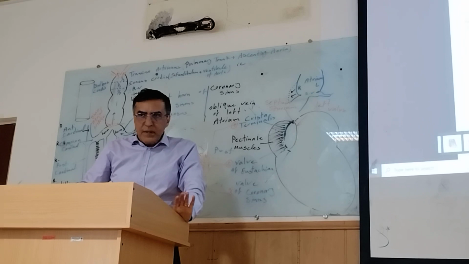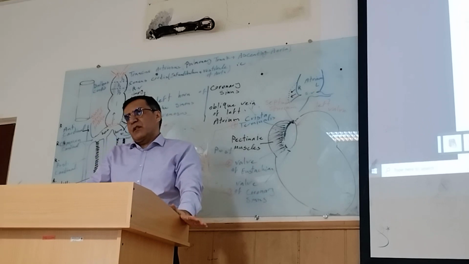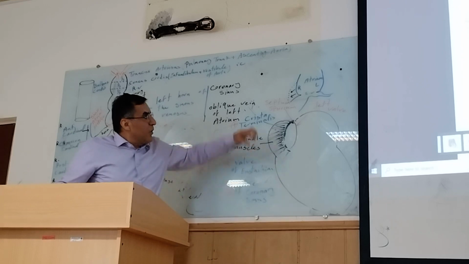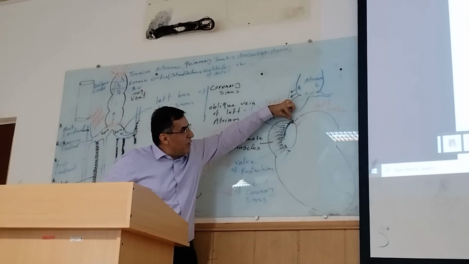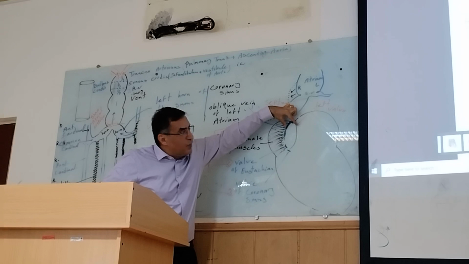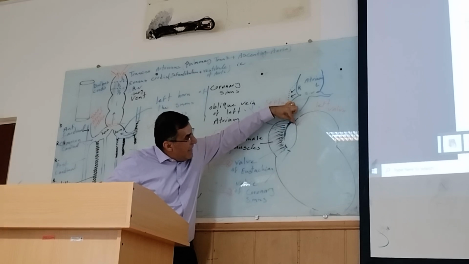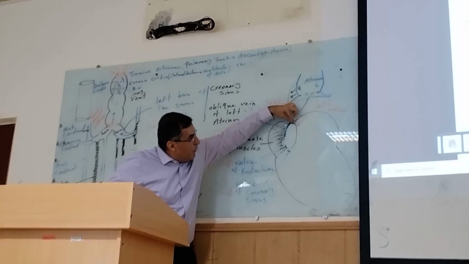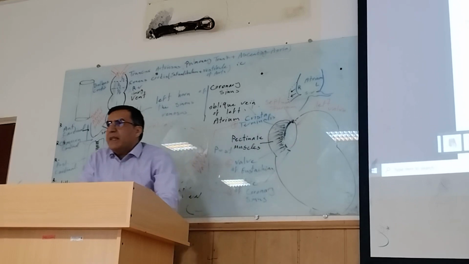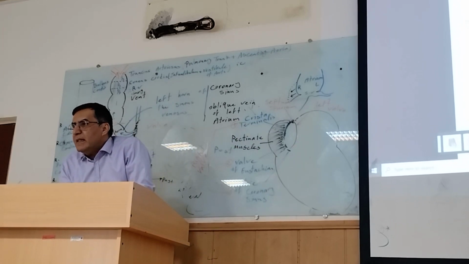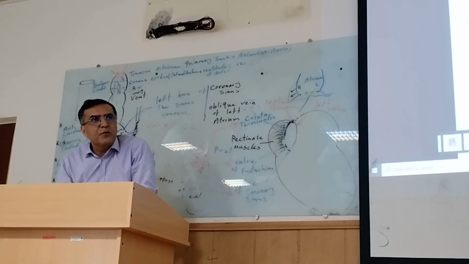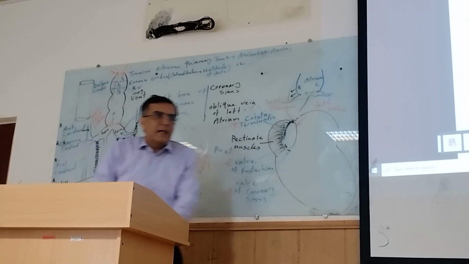We don't have any exact structures made by them. The septum spurium, the small part that joins the two valves, and the left valve both participate in the atrial septum. Is it clear? That's all.